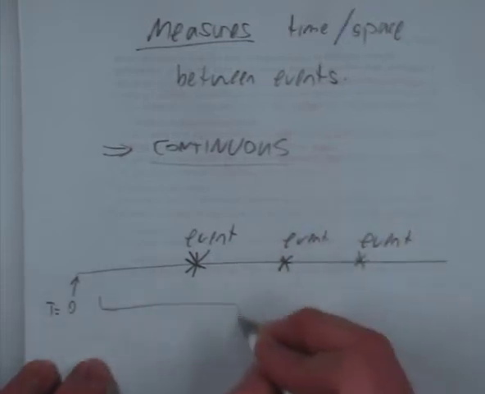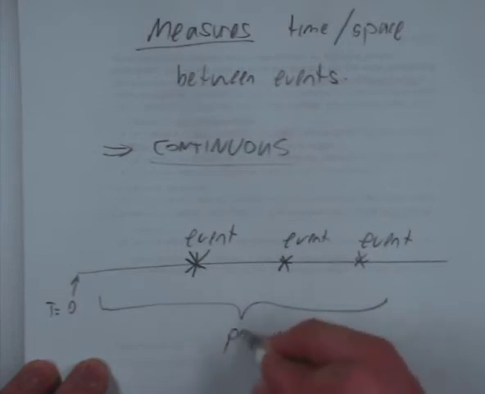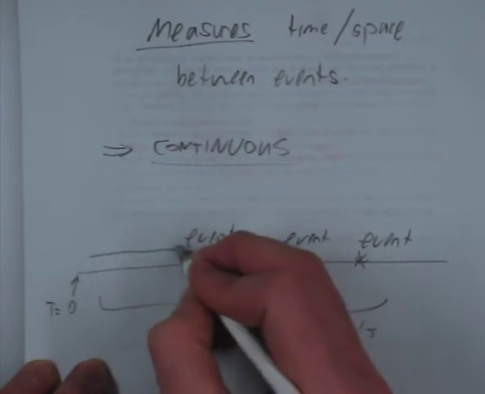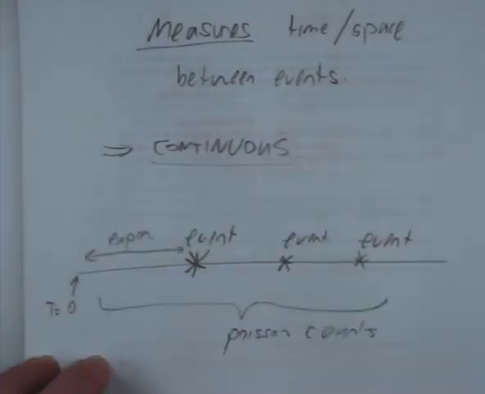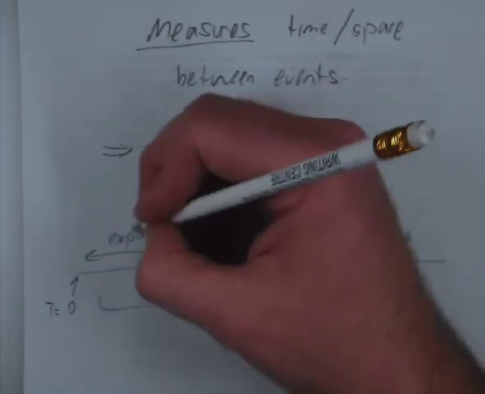The Poisson is counting how many of them there are. And the exponential is counting how much space there is between them. A separate exponential distribution for the space between each one of them.